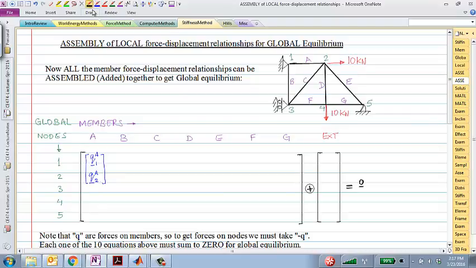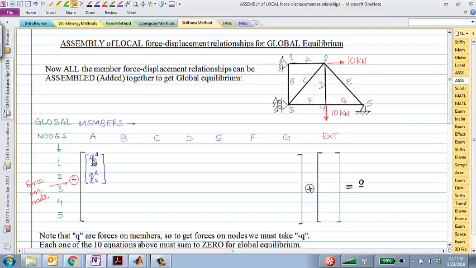And there would be a minus sign. Let me write that in red actually. The minus sign because force on node is negative of the force in the elements, right?